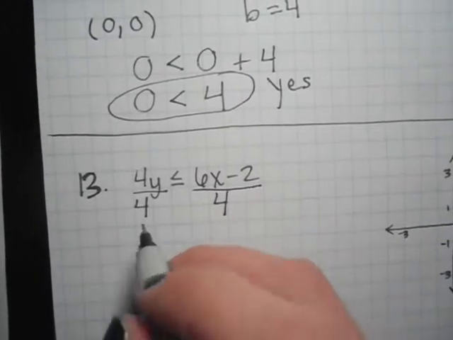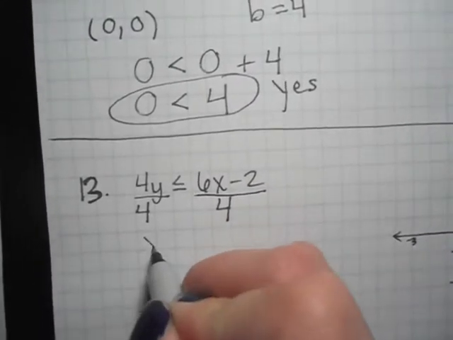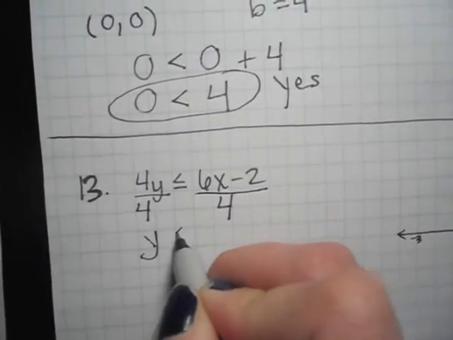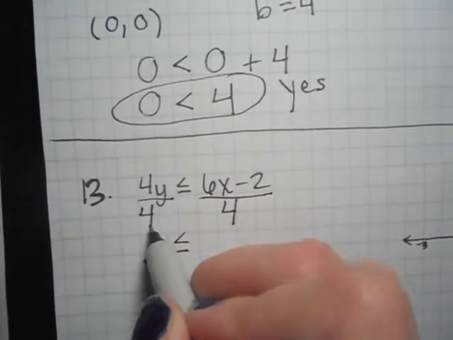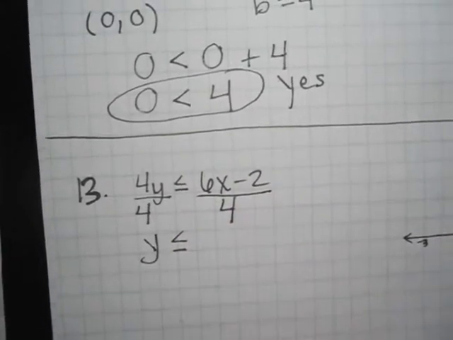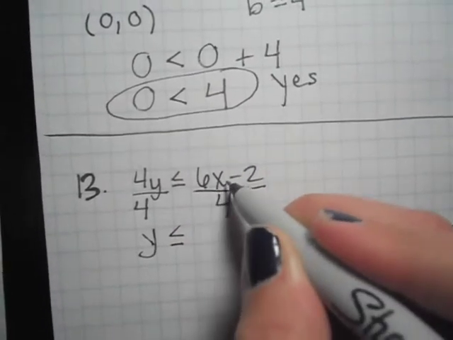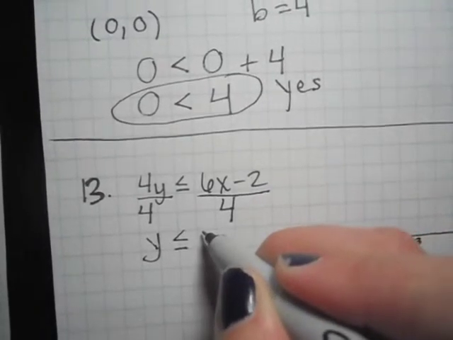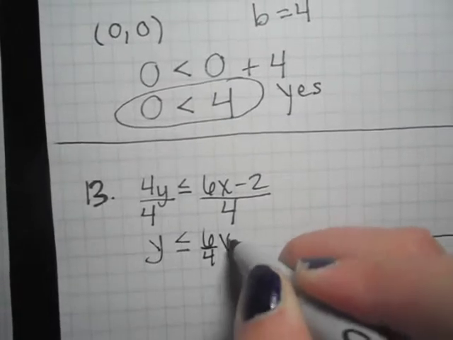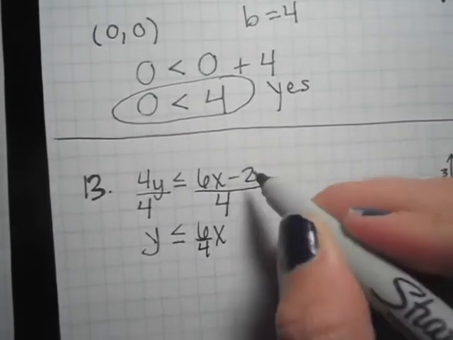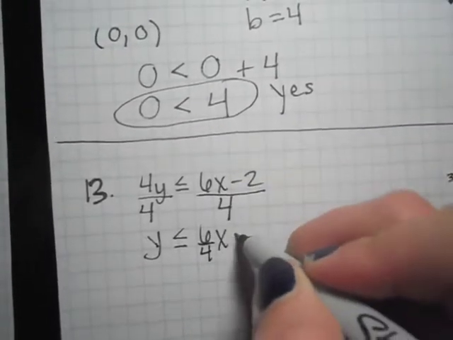This is going to give us an equivalent inequality. Our 4's just canceled here. We did 4 divided by 4 to leave us with y. Now 6x divided by 4 looks like this, minus 2 over 4.